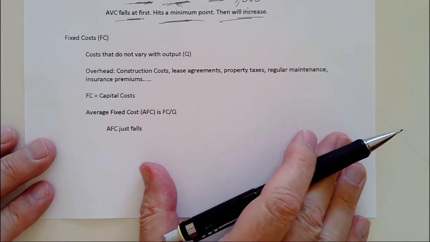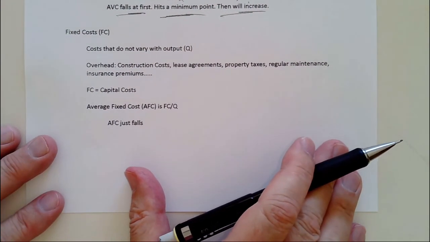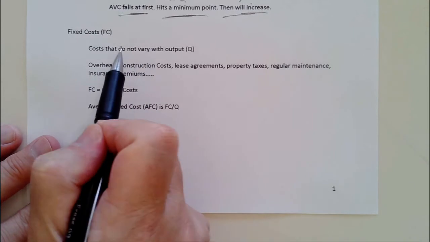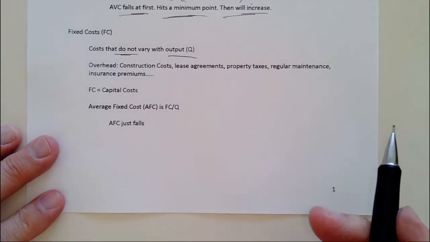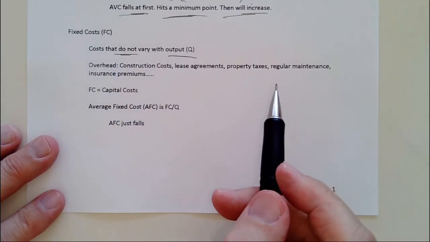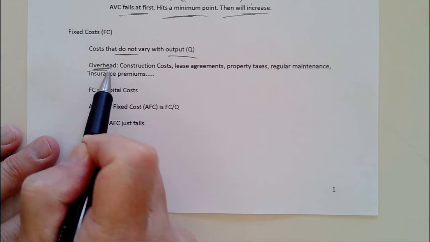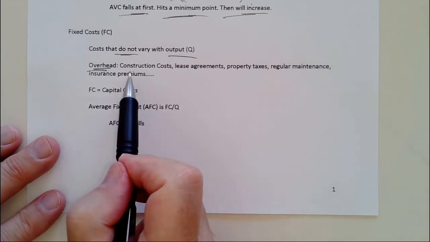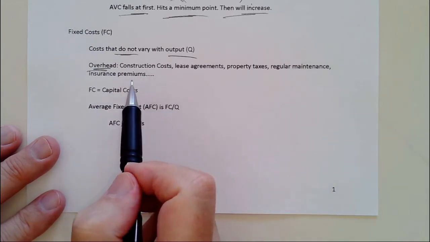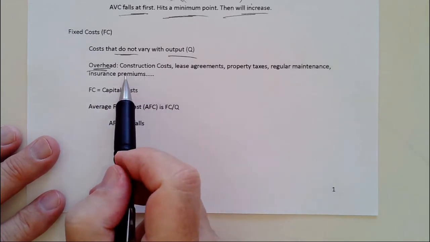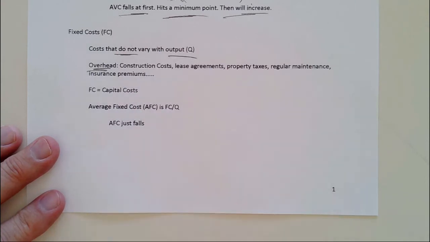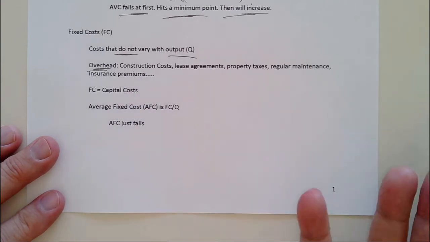The other costs are fixed, and they're called fixed because they're fixed. They do not vary with output. If you talk to people in business, this would be what they would call their overhead. So any kind of construction cost, if you had to pay for a factory or warehouse, is fixed. Once you pay for the warehouse, you can't change that.